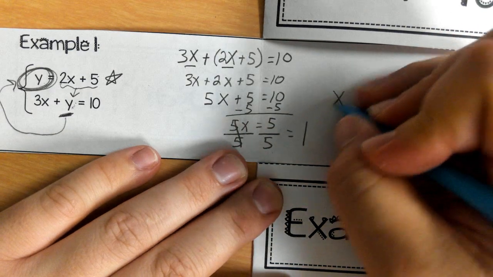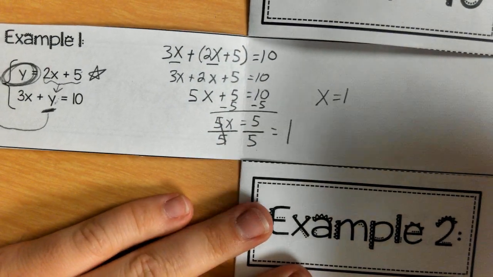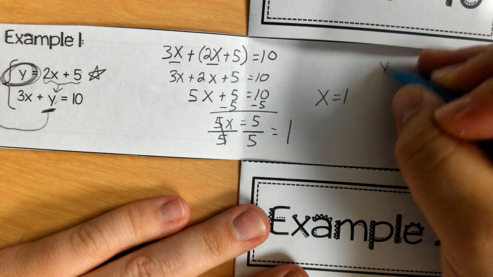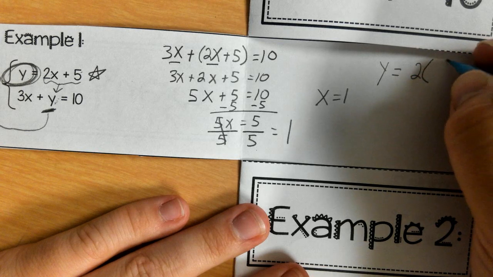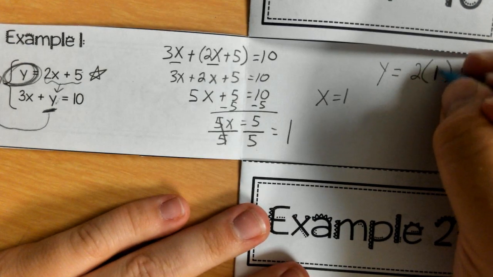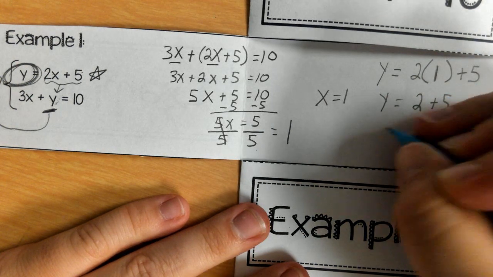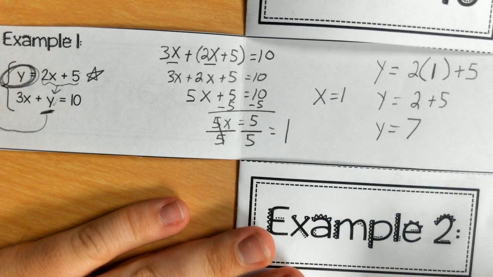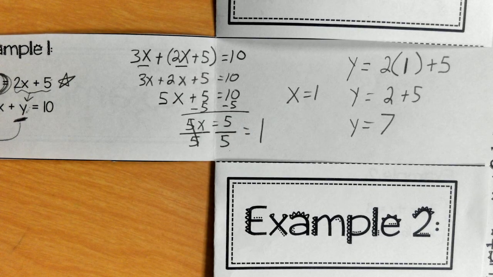So now I know that x equals 1, so I can go back to my first equation where y was 2x plus 5. If x equals 1, let me just plug a 1 in there and solve it out. And now I know what both x and y are.